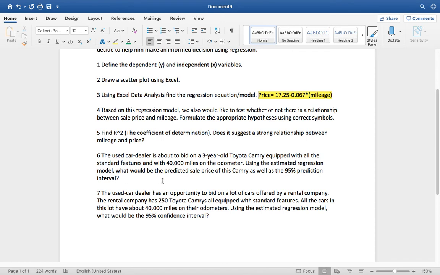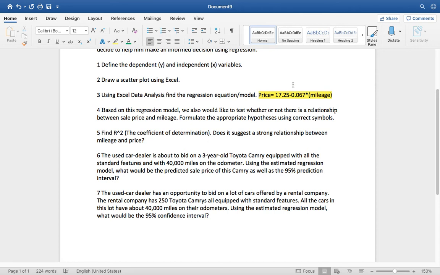6. The used car dealer is about to bid on a 3-year-old Toyota Camry equipped with the standard features and with 40,000 miles on the clock. Using the estimated regression model, which is the one that we've got in yellow up here, what would be the predicted sale price of this Camry, as well as the 95% prediction interval?